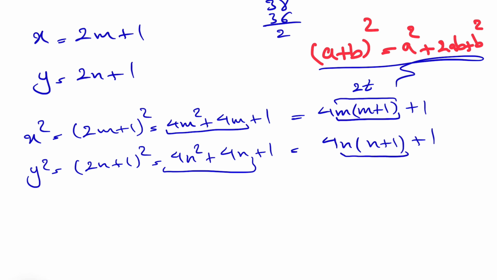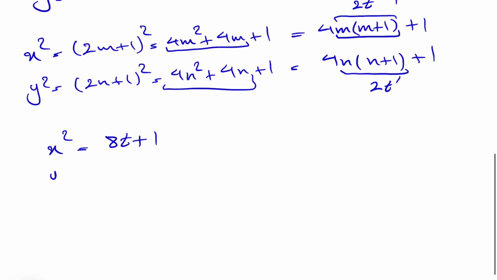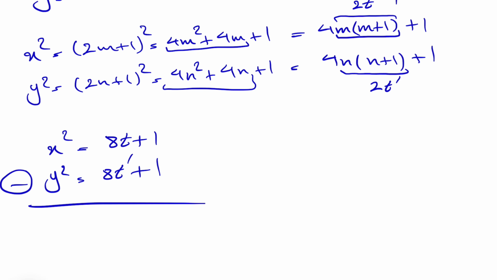And same thing for this one, a multiplication of two consecutive numbers, which is 100% another even number. So basically our x squared can be written as 8t plus 1, and y squared can be written as 8t prime plus 1.